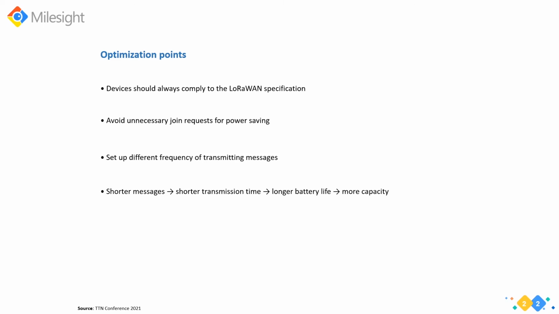So please make sure that your solution can still work even if you lose several messages. So expect the packet loss. Packet loss should be affordable in your solution, and your solution performance will not be influenced because of that.